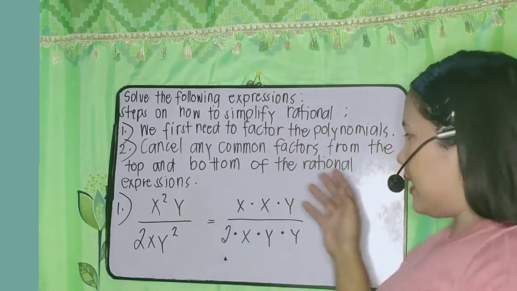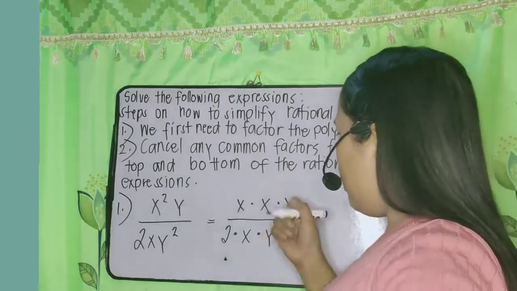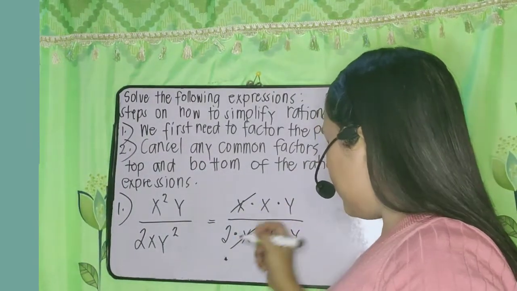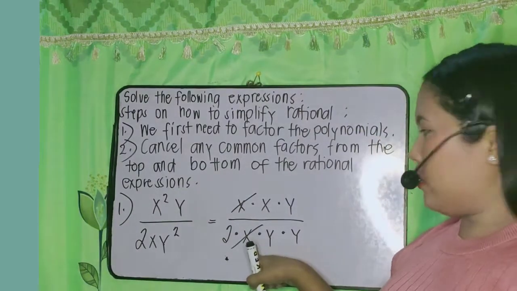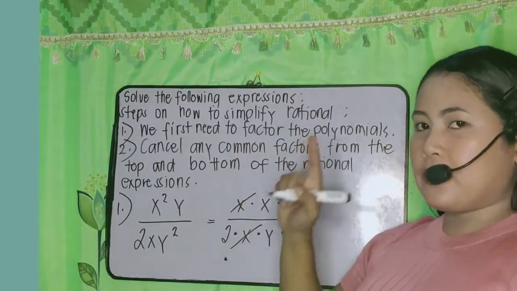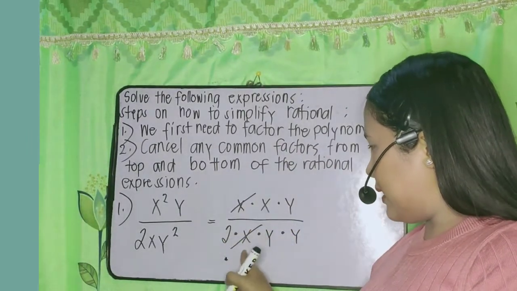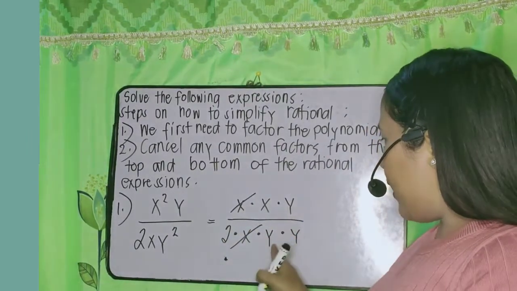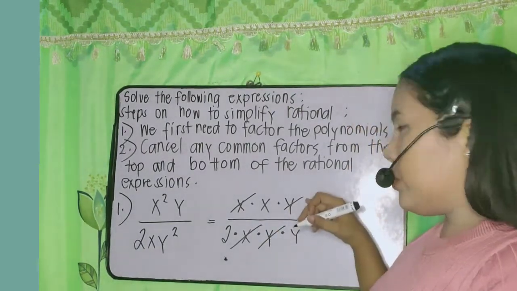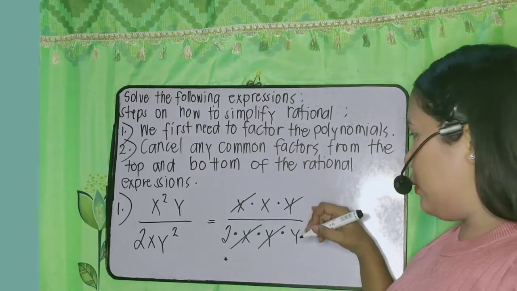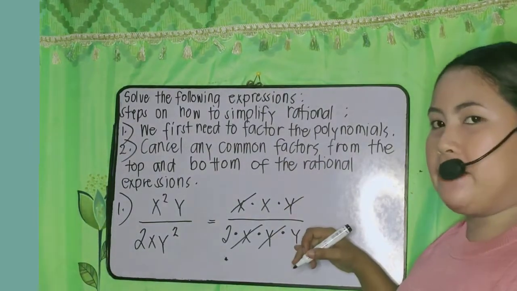In this example, we have the same factor x. Since there is only one x in the denominator, only one x in the numerator is canceled. Next is the y, which we can also cancel out. Since there is only one y in the numerator, only one is canceled, and one y remains.